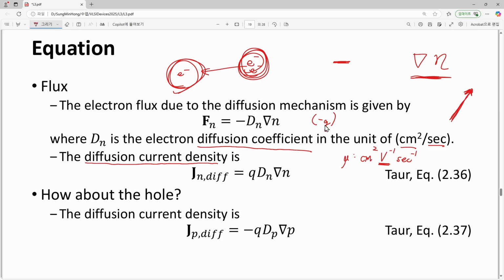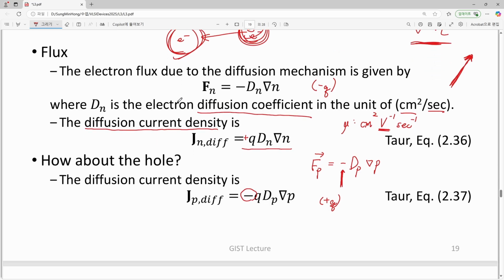So by multiplying minus q to this flux term, we now have positive q D_n gradient of n. On the other hand, in the case of holes, the flux has the same form, but when we multiply by positive q, we have a different sign.